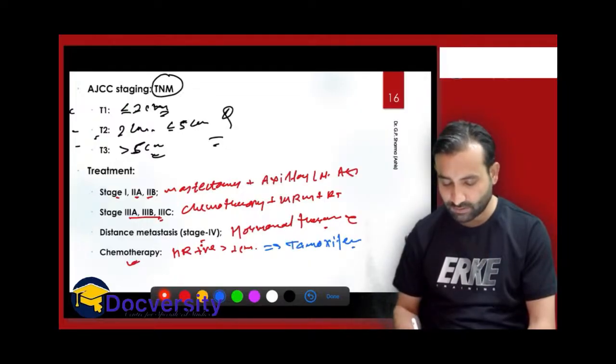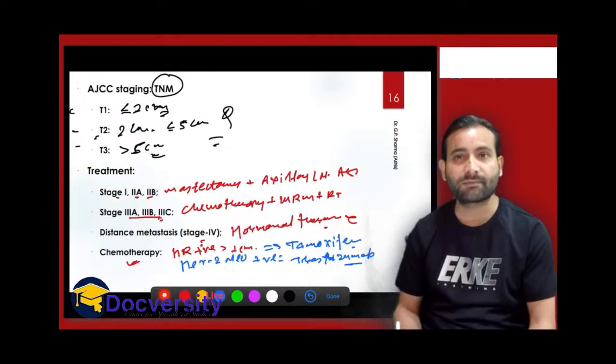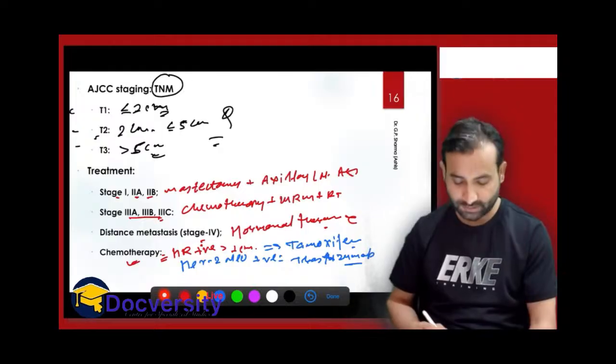The tamoxifen, right? And if the patient has HER2/neu positive, right, then we go with what? The trastuzumab. So please remember, these are the questions in the exam, right?